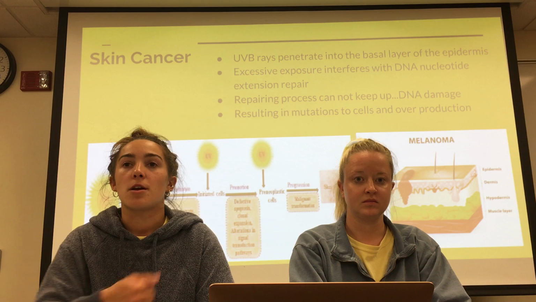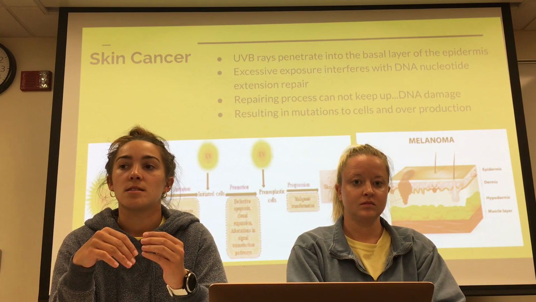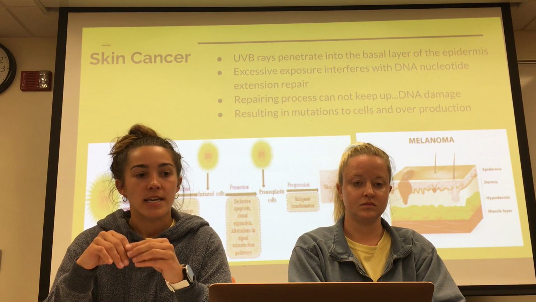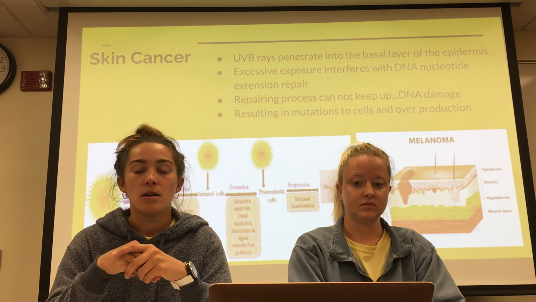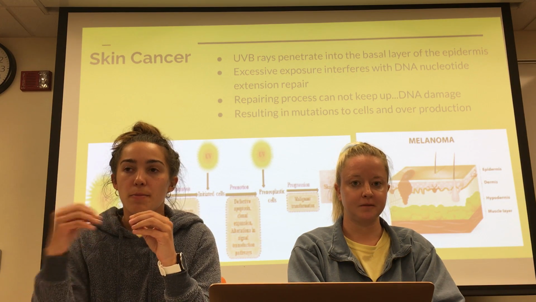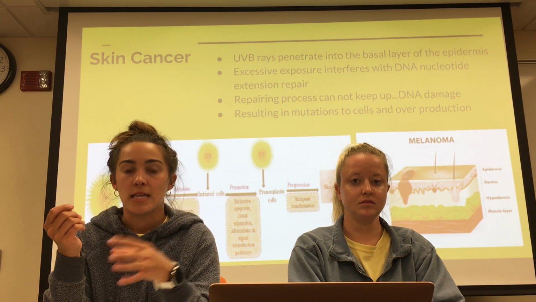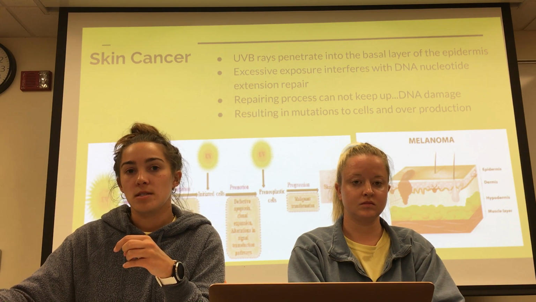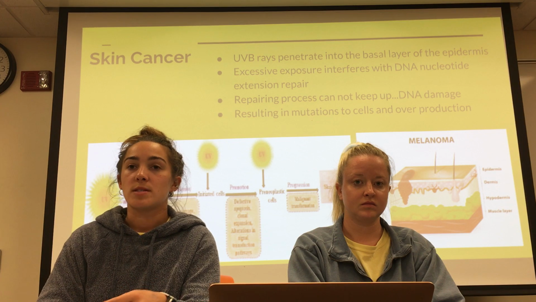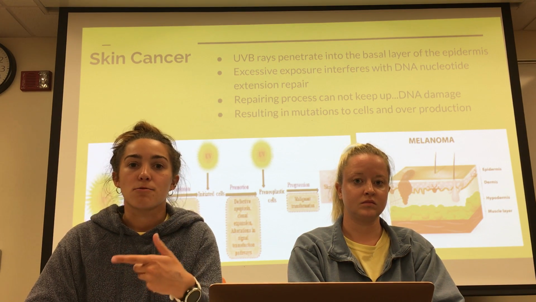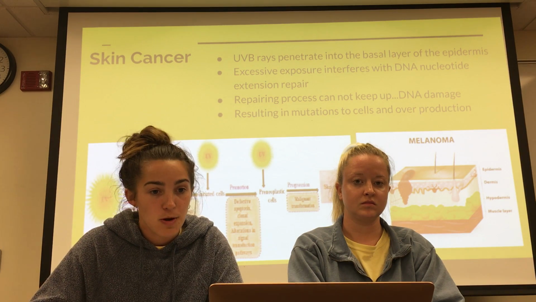The part that's being cut out and fixed, that whole section gets interrupted with excessive UVA or UVB radiation. Then the repairing can't keep up because the sun keeps damaging it, and it sends out bad signals from the DNA to your cells. Your cells are mutating, and it's also causing excessive growth, which will cause a tumor.